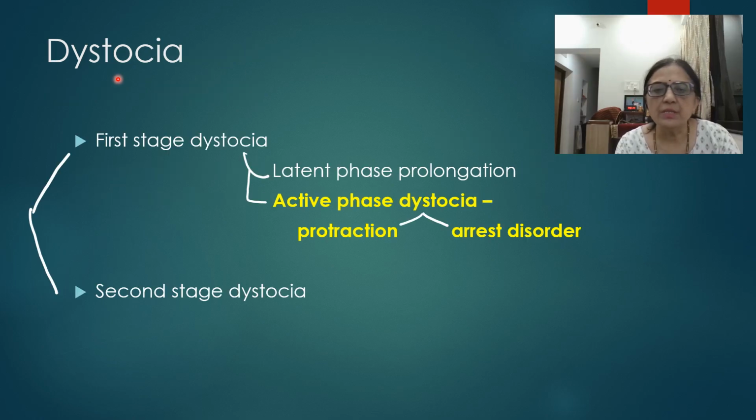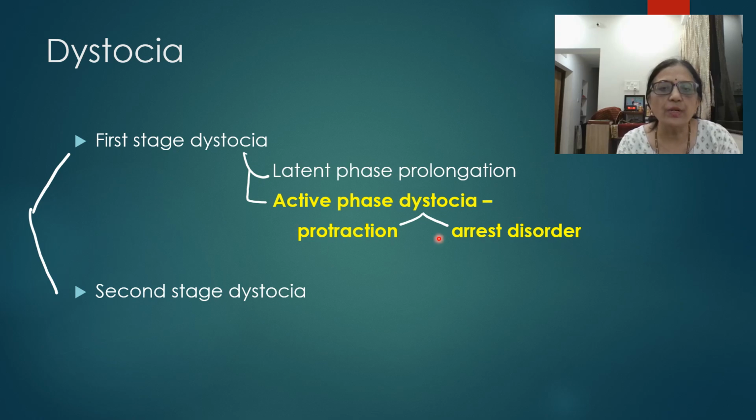Now, if we see dystocia, we can divide it depending on the stage of labor as first stage dystocia and second stage dystocia. First stage of the labor again is further divided into latent phase and active phase. Latent phase prolongation is also called dystocia, whereas active phase dystocia can still further be subdivided into protraction disorders and arrest disorder.